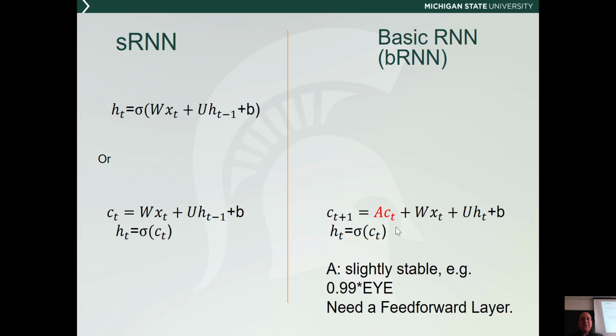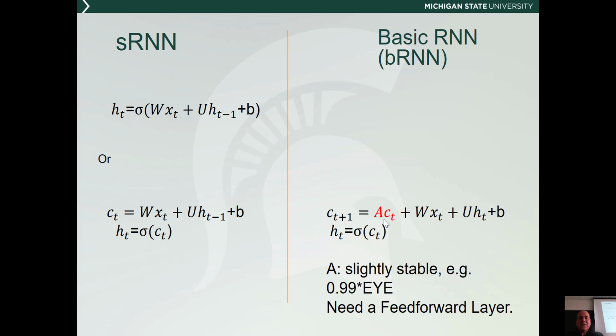So a slight modification. This A is important in terms of you want this A to be, for instance, one example, a constant, which in this case we selected to be 0.99 times the identity. This I is just from the traditional thing, the identity, right?